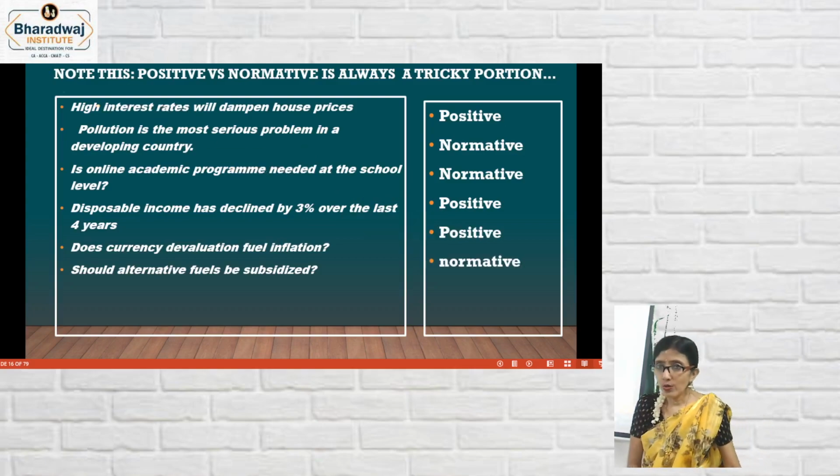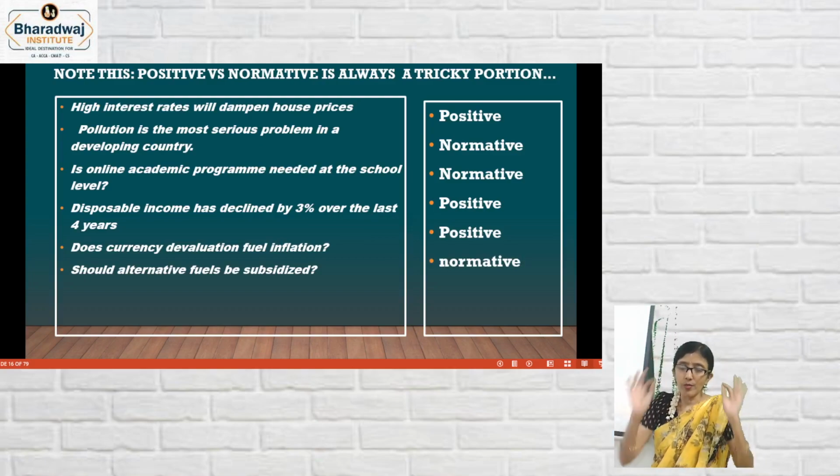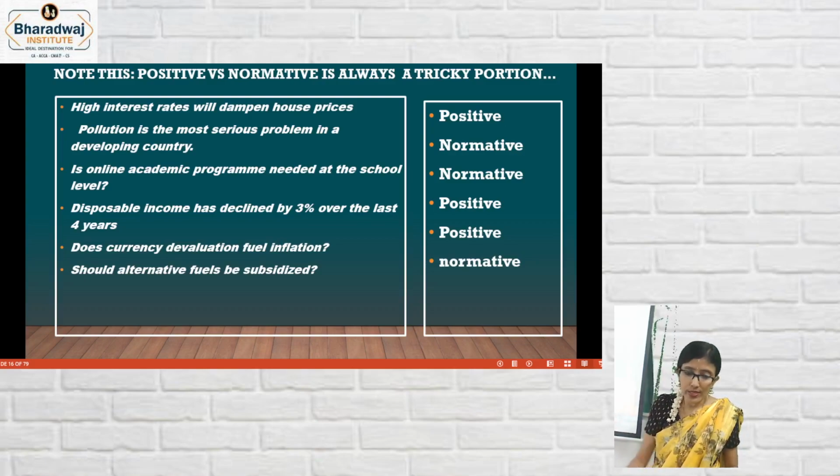Now, please hold this premise in mind. Positive can have numbers, normative can have numbers. That will not be the criteria for segregation. The second point is that words like most are also judgments. I remember a student asking about unemployment being a serious threat in developing countries like India.